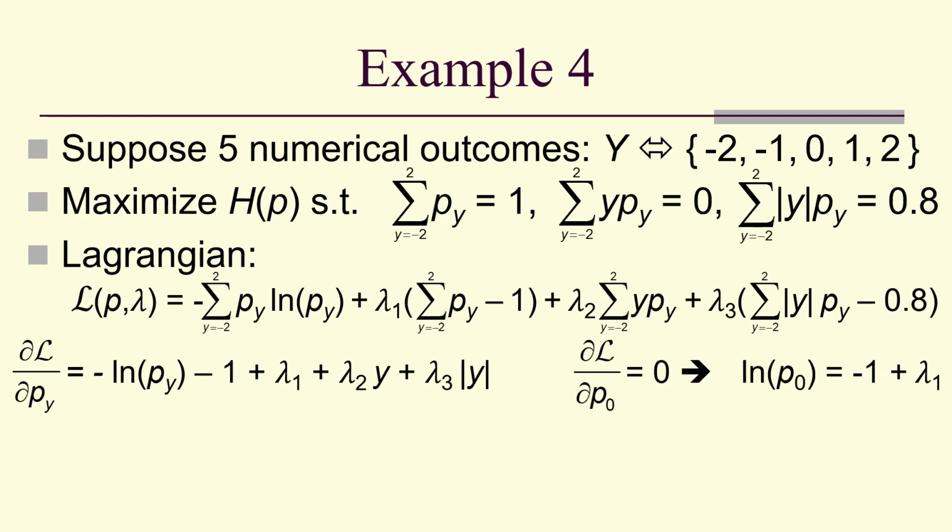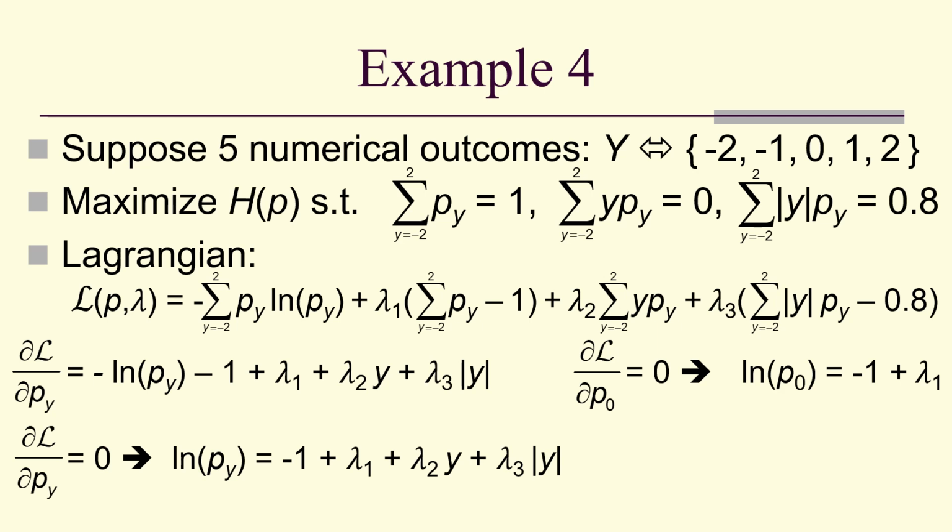And therefore we get this, and the rest of them are of this form. And we can substitute the natural log of p0 for the negative 1 plus lambda 1. And then we can solve for p sub y. And notice p sub y is going to be p naught e to the lambda 2 y plus lambda 3 absolute y.